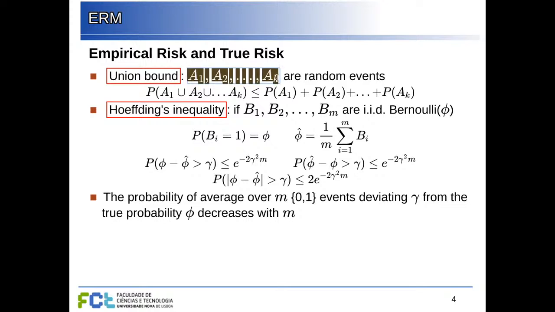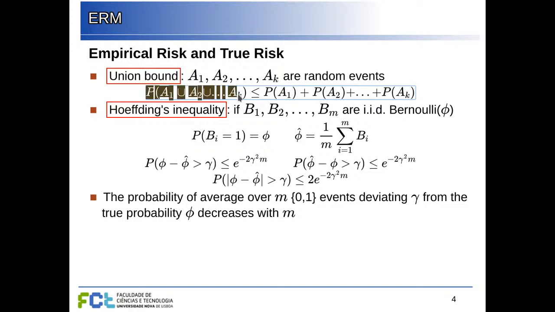If we have a set of random events, then the probability of any one of those events happening, so either A1 or A2 or any of the others, is not greater than the sum of their probabilities. So it's the sum of their probabilities if they are all mutually exclusive, but if they are not, then the probability of any one event happening will be smaller than the sum of their probabilities. So this is the union bound. This is just a relation that we have from probabilities.